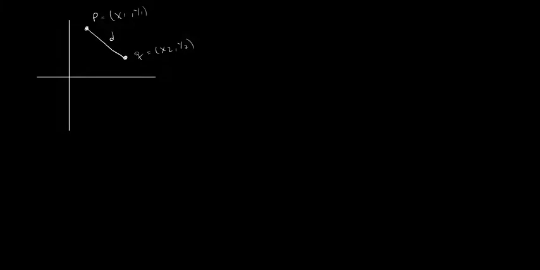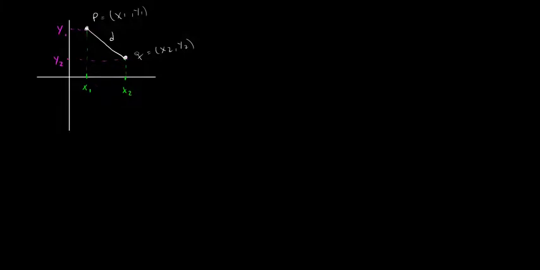The first thing to notice is that the point P has coordinates x1, y1, which means that this number here is x1 and this number here is y1, and Q has coordinates x2, y2, so this number is x2 and this number is y2.